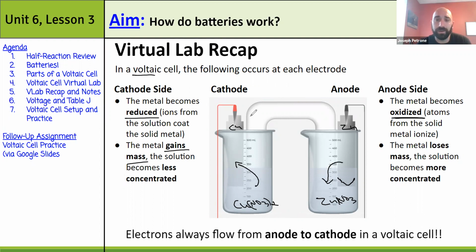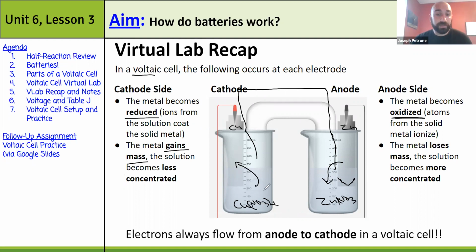Here they're connected on the bottom, but more often than not, you'll see it set up on the top. What this wire does is connect the two pieces of metal, but it also allows for the electrons to flow. So the electrons flow through a piece of metal wire that's connected to both the anode and cathode side. Now, because the anode is the one doing the oxidation, you may recall, it is losing electrons.